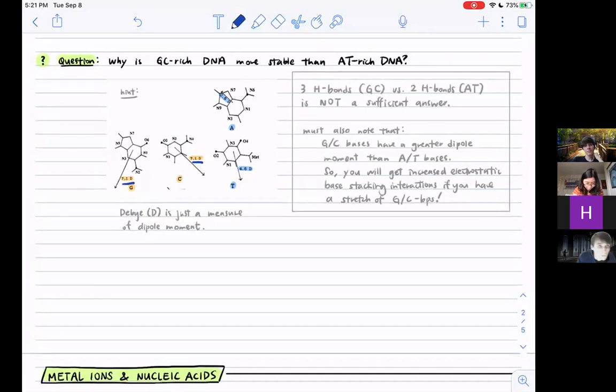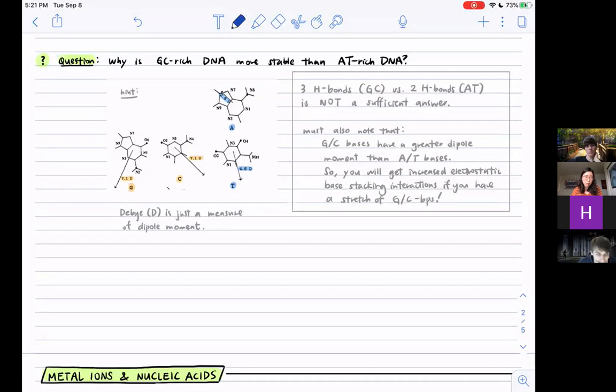Basically all you need to gain from this is that G and C have bigger dipole moments than A and T. So to have a complete answer, you can certainly mention that there's one more hydrogen bond in a GC base pair, but your main answer should be that GC bases have a greater dipole moment when compared with AT bases. So you're going to get increased electrostatic base stacking interactions if you have a stretch of GC base pairs.